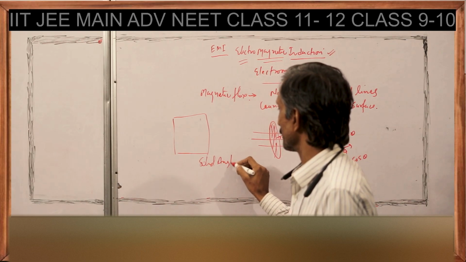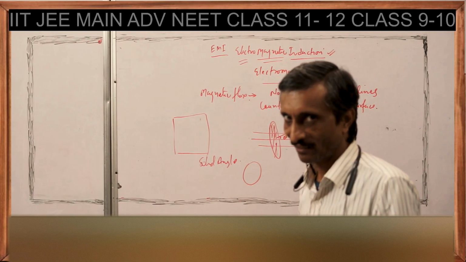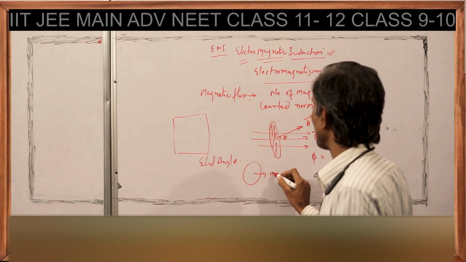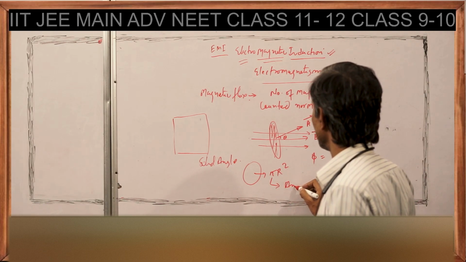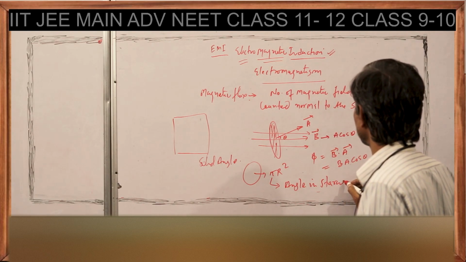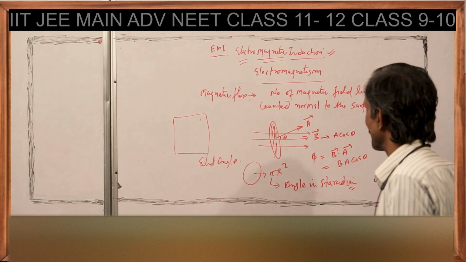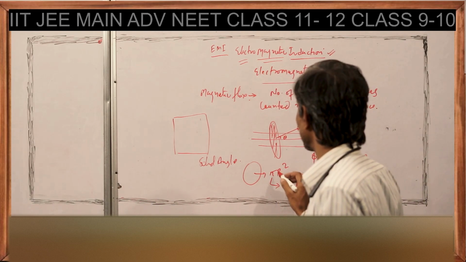Solid angle is used in this. The concept is basic: the area of a circle is pi r squared. What is this pi? This is the angle in steradian. Some people think that this is radian.